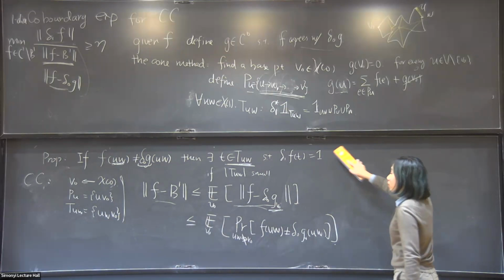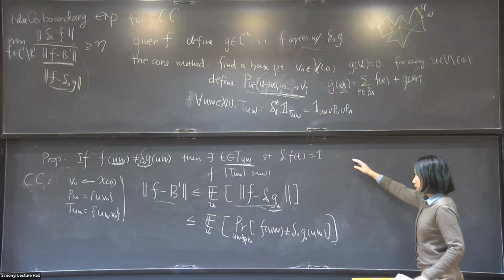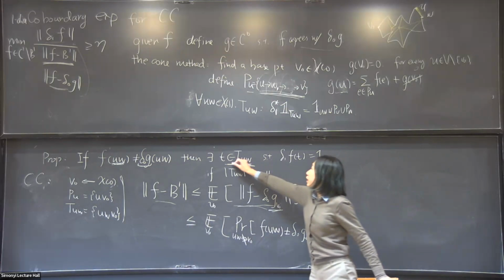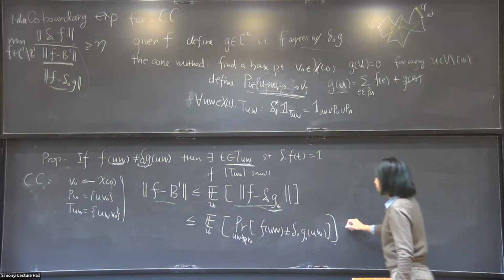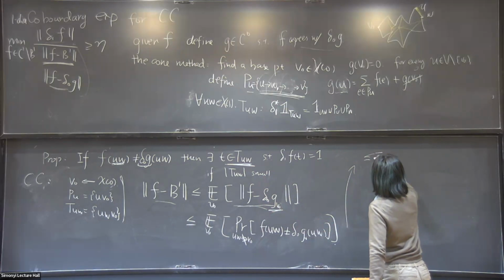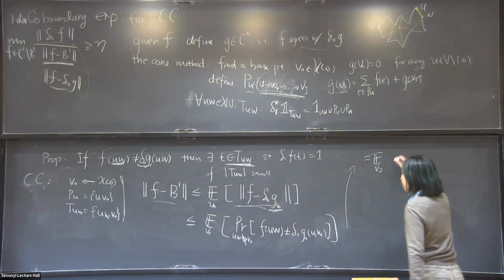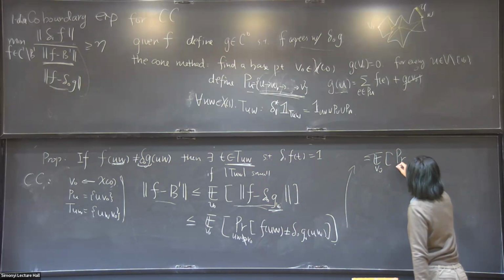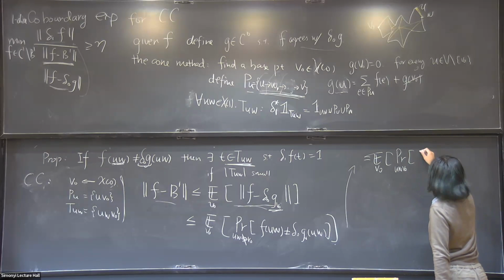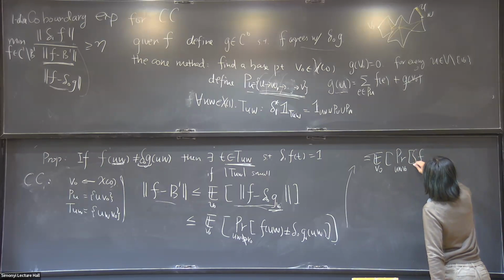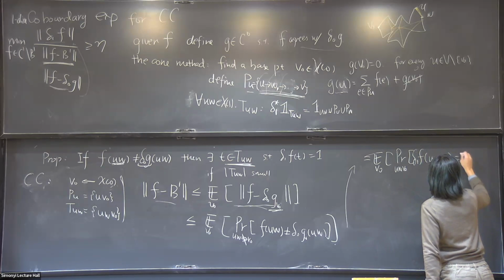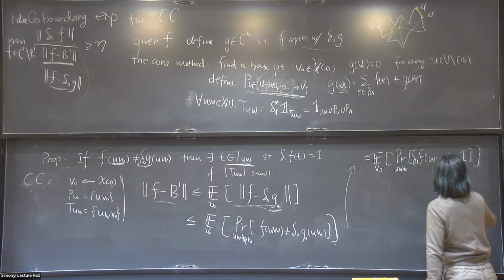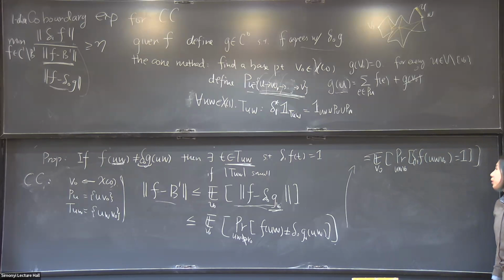Now we can apply our proposition. The very nice thing is that our triangulation consists of exactly one triangle. So this could be written as expectation over V0, probability over UW V0, such that delta 1 of UW V0 is equal to 1.